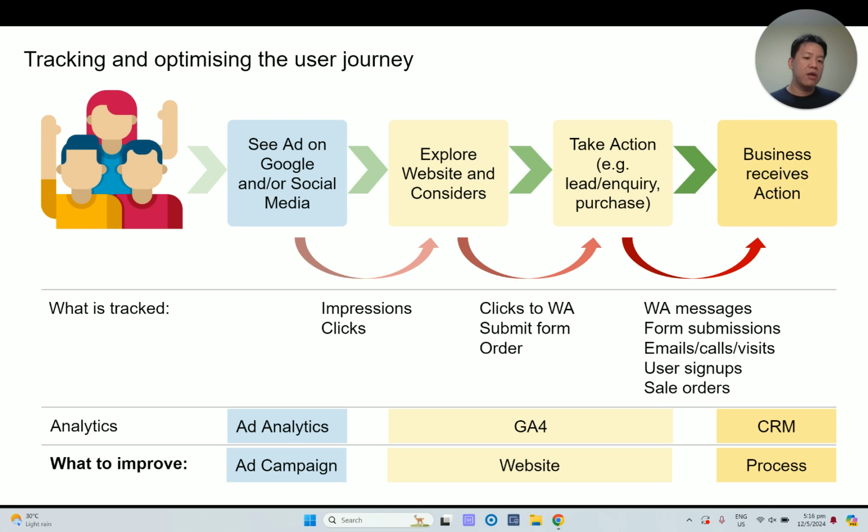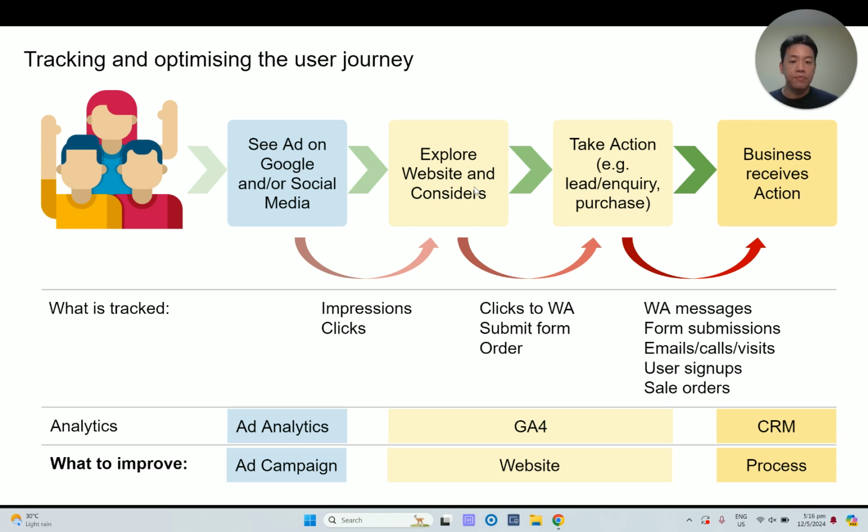But why isn't that performance giving you the leads or inquiries that you want? That could probably be once your users click on the ads and come to your website and they look at the website, maybe there's a mismatch in terms of what they think your product or services can offer them, right? Or maybe the user experience on your website is clunky.